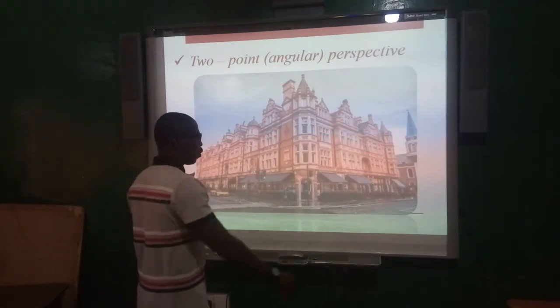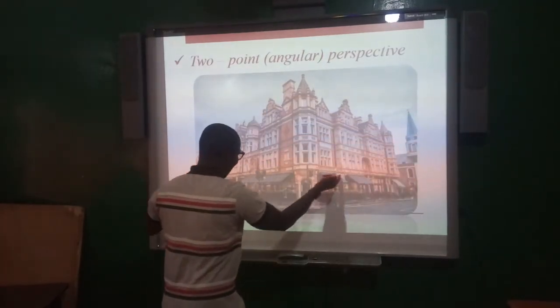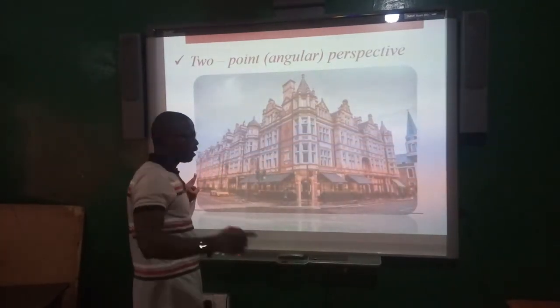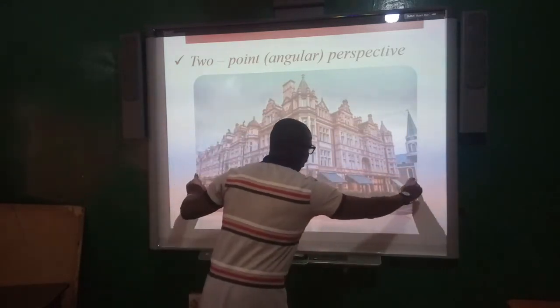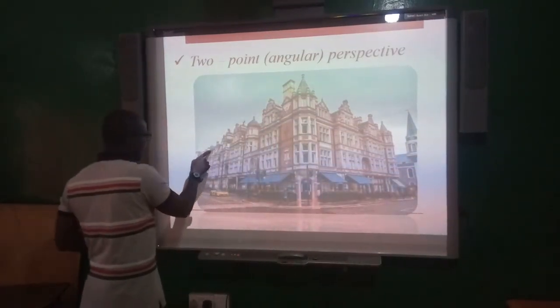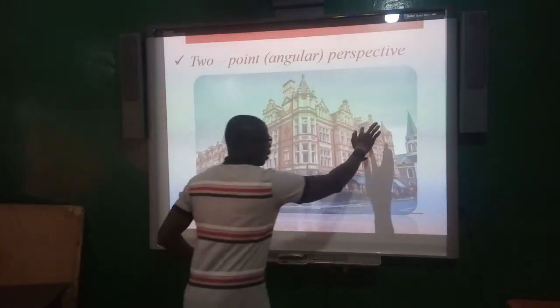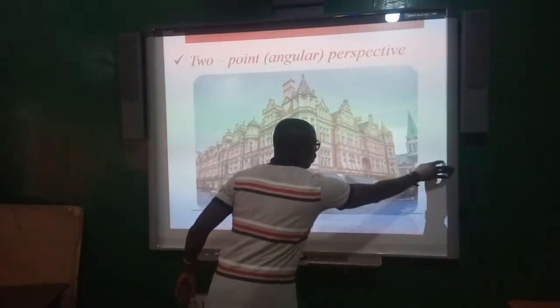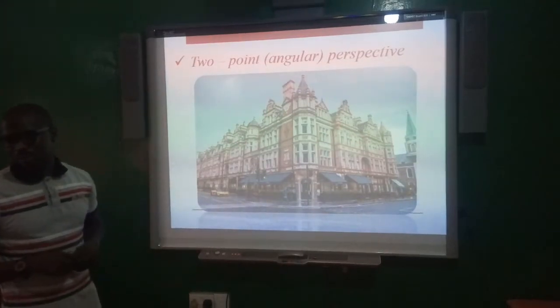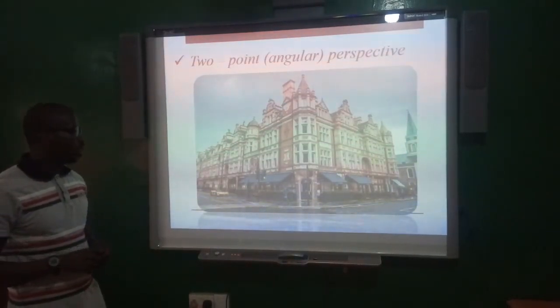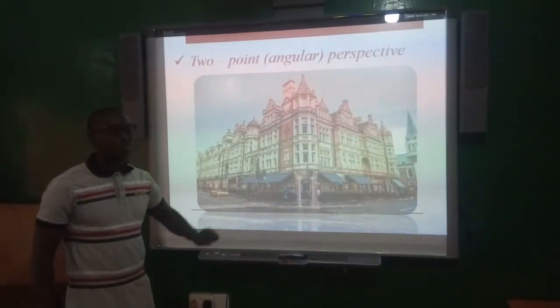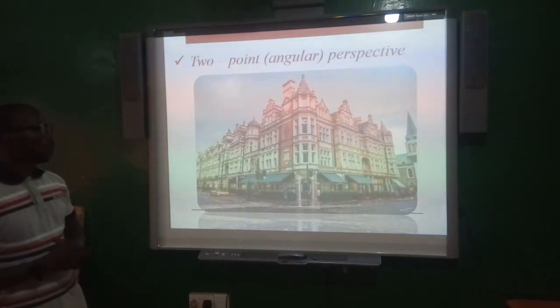So you get 2 points, but it will be on the same horizon. If I draw a line between them, you could see that they will be on the same horizon. So if I extend this one, you see that one point will be here. If I extend this one, another point will be here, which is 2 points. Okay, it will be on the same horizon. So this is a typical example of 2-point perspective or angular perspective.